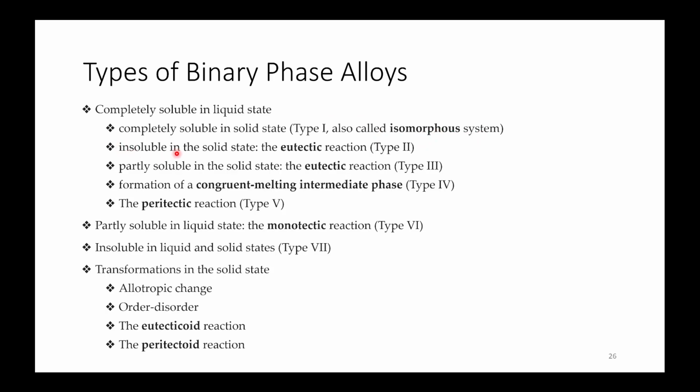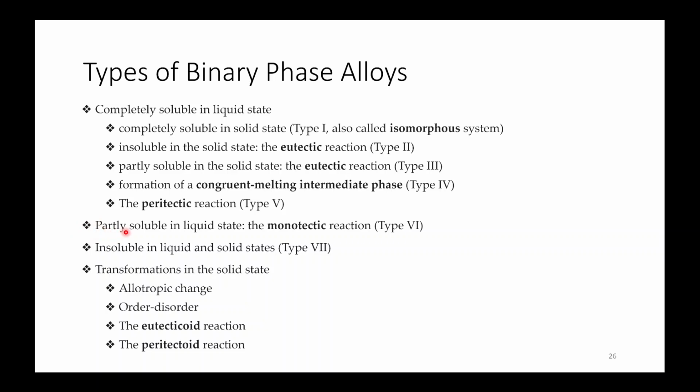Second is insoluble in solid state, which are called eutectic type of systems. Third is partly soluble in the solid state, and there will be eutectic reaction taking place, formation of a congruent melting intermediate phase, or there can be peritectic reaction.